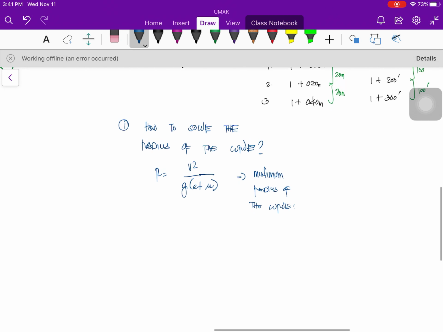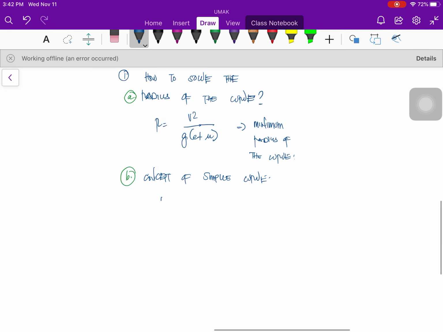But what if we will use the concept of, let's say this is letter A, the concept of simple curve. Say B.1 is chord basis or method.